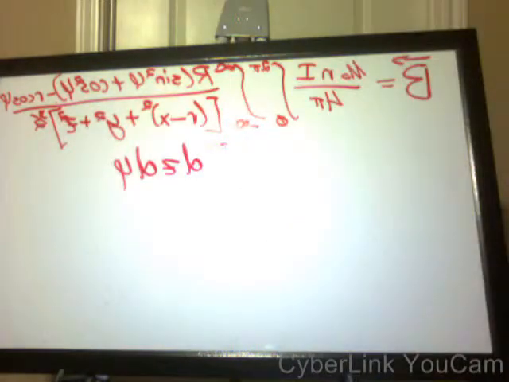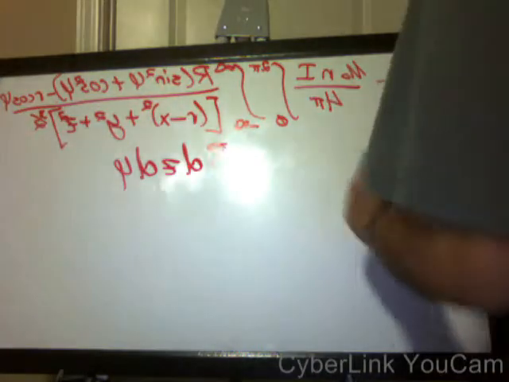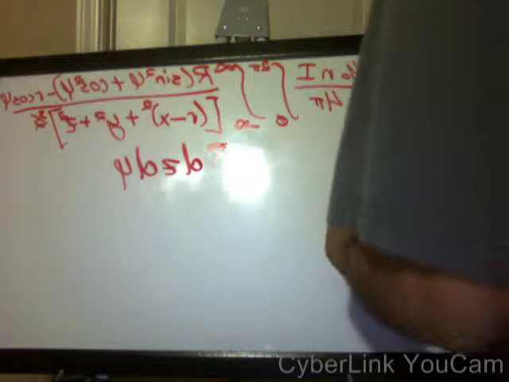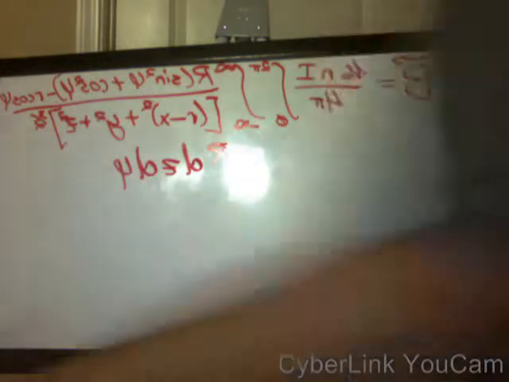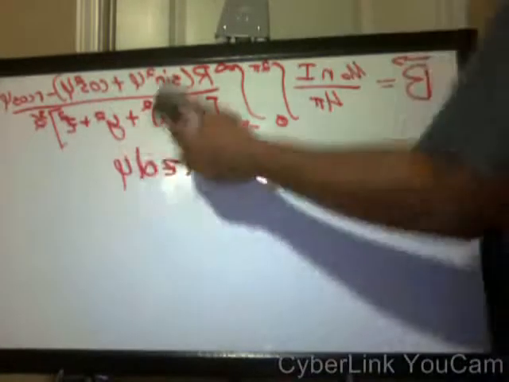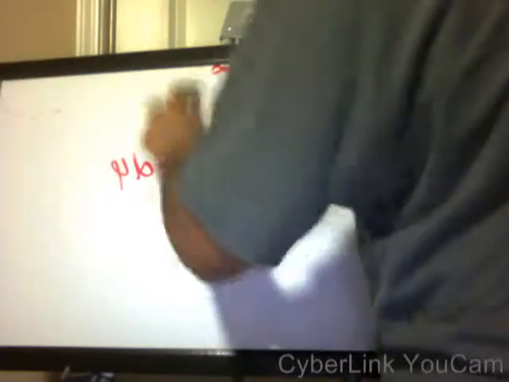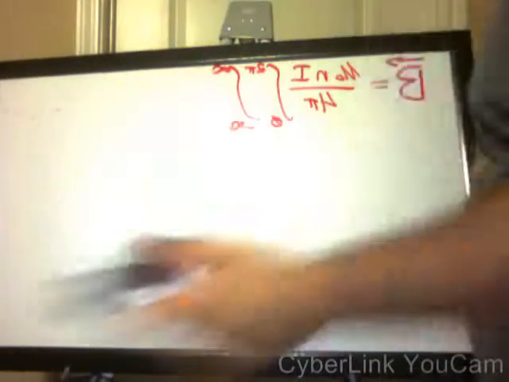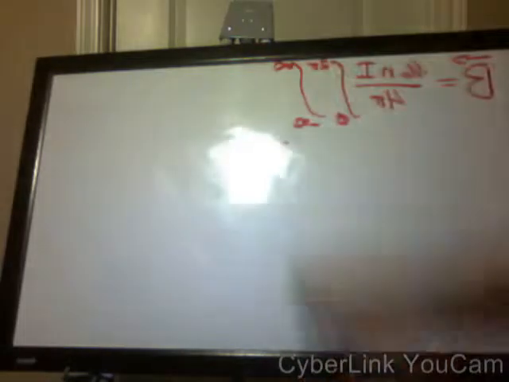And this can be simplified quite a bit. Actually, I already did that, but I'm not going to write all the steps out. I want you to be able to see it.